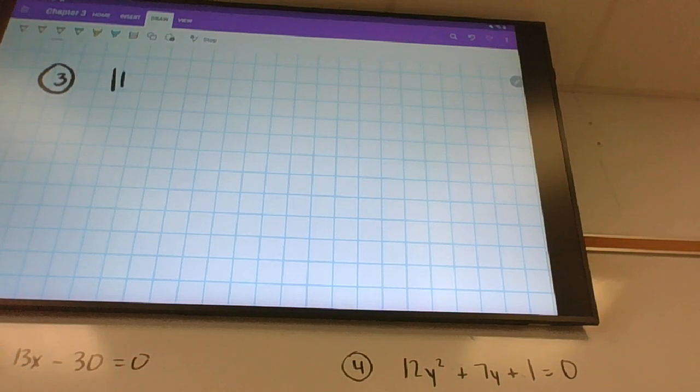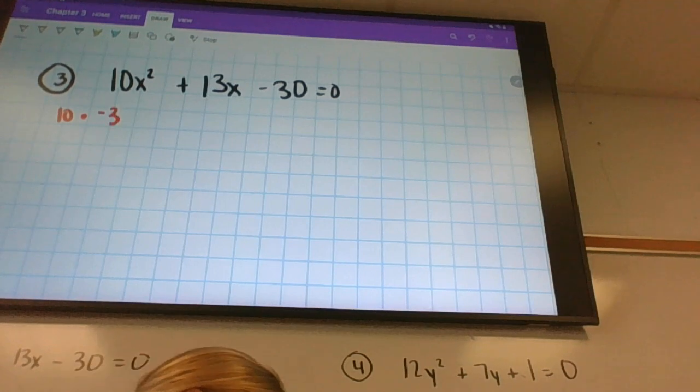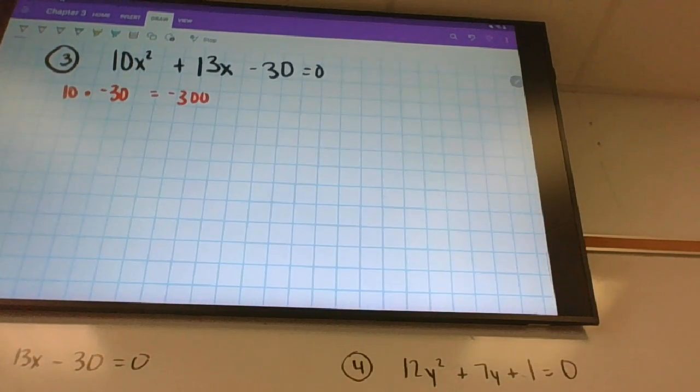If you haven't found the numbers yet, I'm just going to get you to the numbers part and then I'll stop again. I got negative 3.